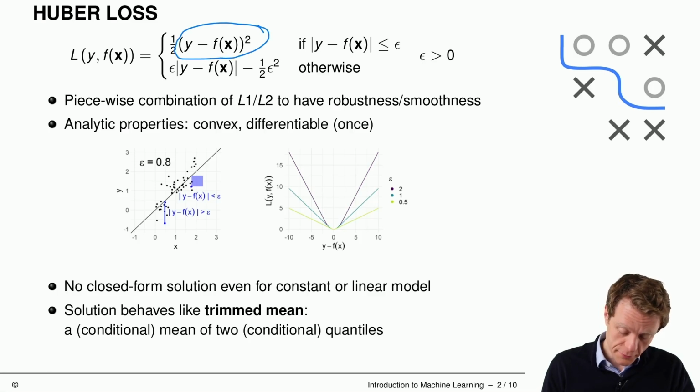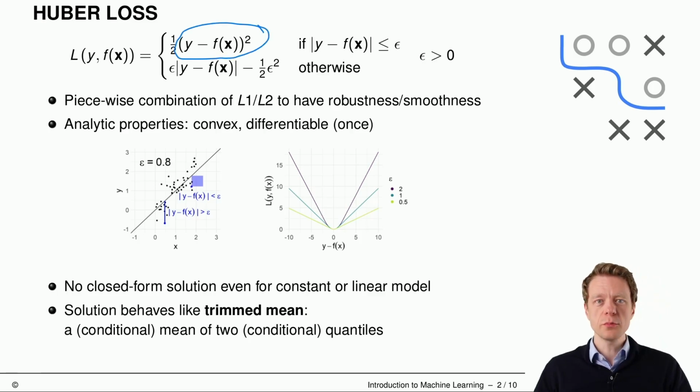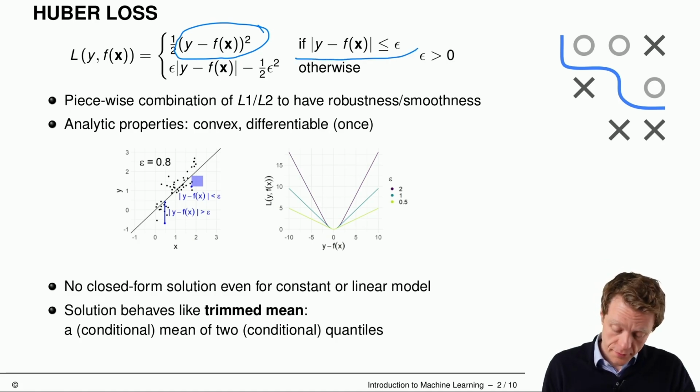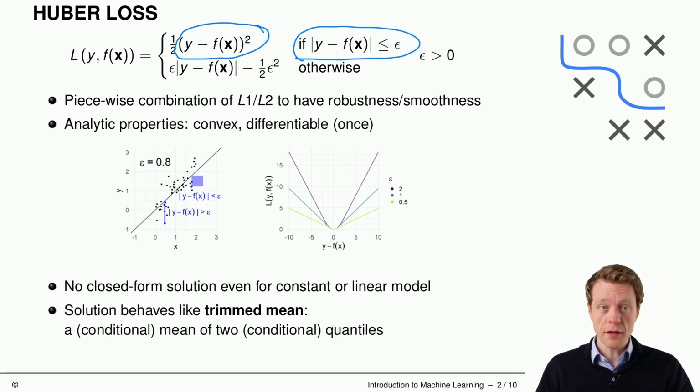But the first part is some L2 part, so we have a quadratic error here, if the absolute residual is in the area between minus epsilon and plus epsilon.